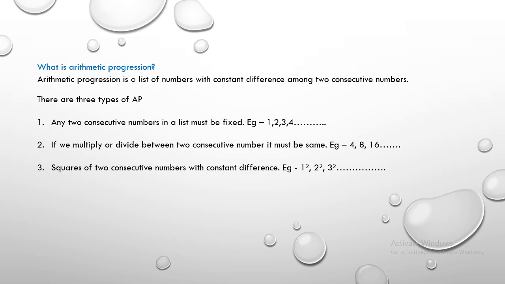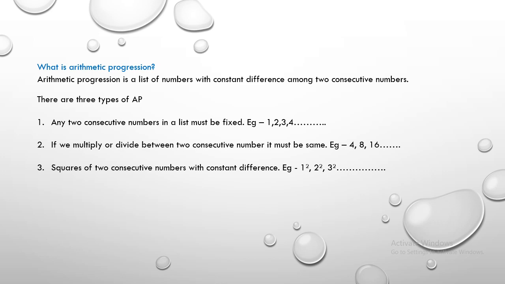In this, if we multiply or divide between two consecutive numbers, it must be the same. In the first type we learned the relation between two consecutive numbers is either addition or subtraction.